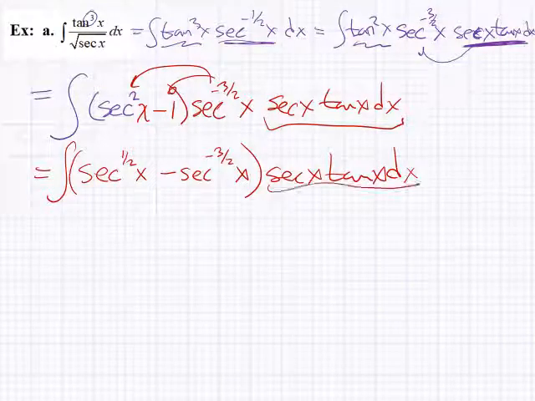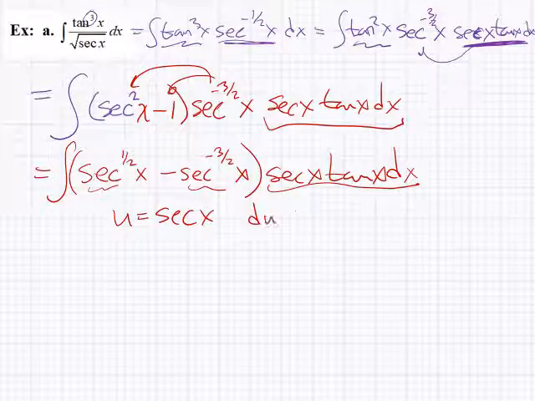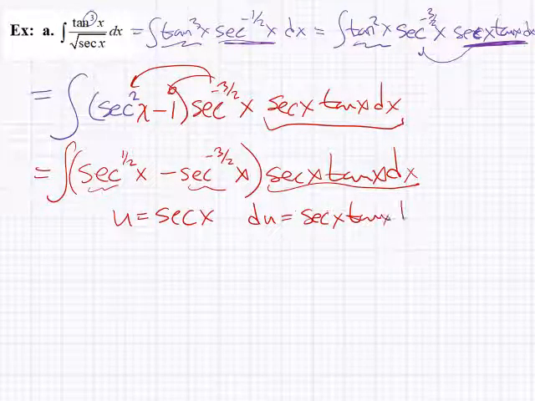So if this is my du, what's that the derivative of? Well, secant. So there's your u. u is secant, du is secant x tan x dx.